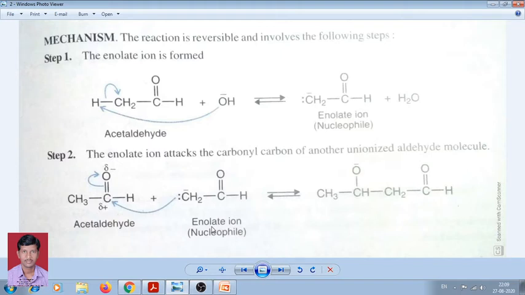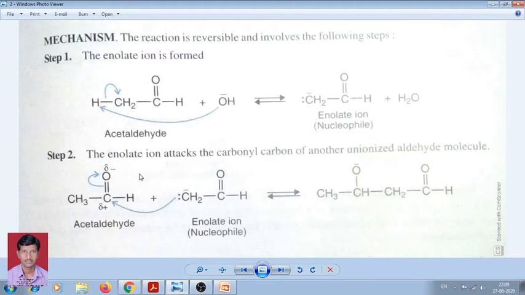The negative charge of the nucleophilic carbon will attack the carbonyl carbon of acetaldehyde in the second molecule. There will be a partial positive charge on this carbon and a partial negative charge on this carbon. Therefore the attack of the negative charge takes place on the positively charged carbon species.